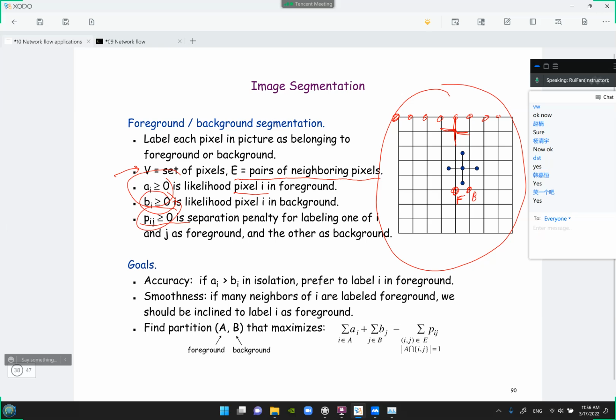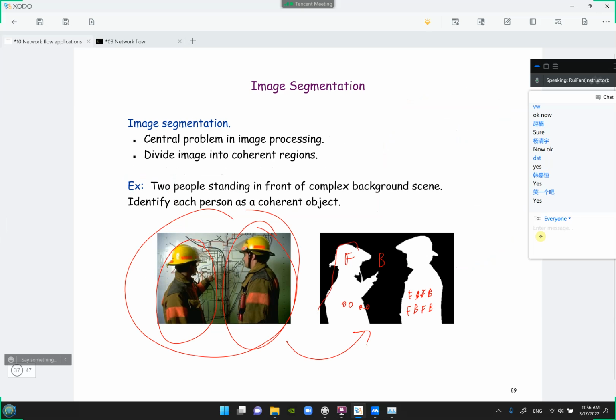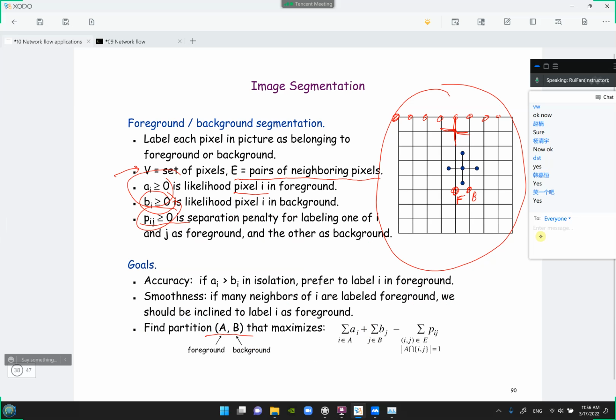Now we can phrase our segmentation problem in the following way. We're trying to take this graph and partition it into two parts, A and B. A is some subset of the pixels, B is this black part. A is the foreground, B is the background.